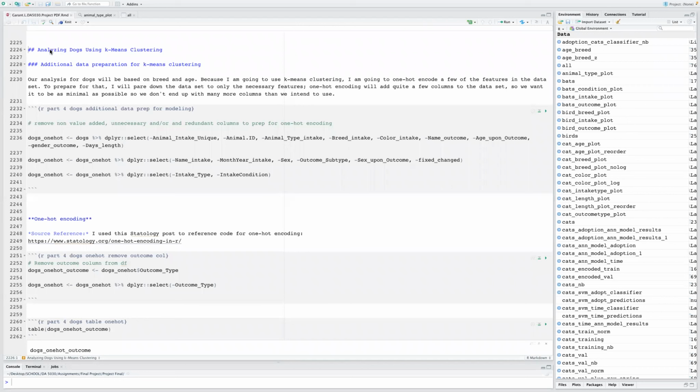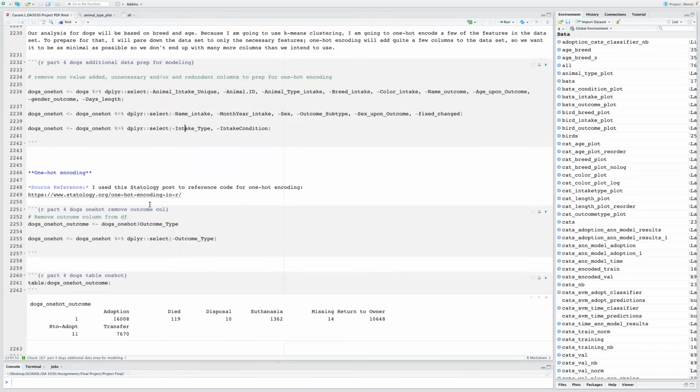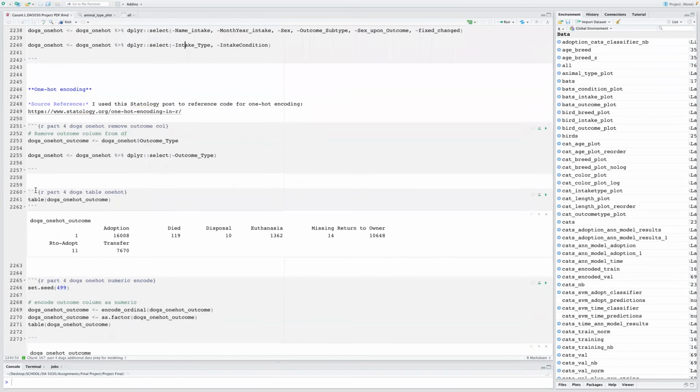And then for the dogs data subset, I did a one-hot encoding for only the necessary variables. So I kept breed and age, and that was the data prep.